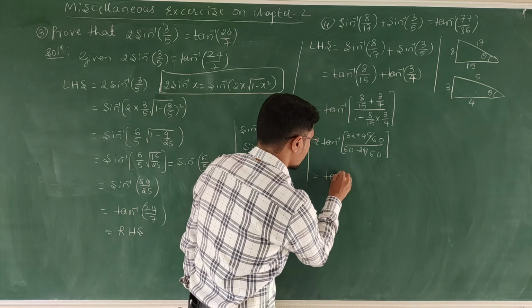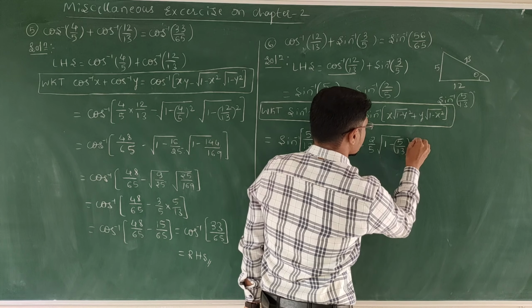So sin inverse of x, 5 divided by 13, square root of 1 minus y square, y is 3 by 5, 3 by 5 square, plus y, 3 by 5, square root of 1 minus x square, x is 5 by 13, 5 divided by 13 square.